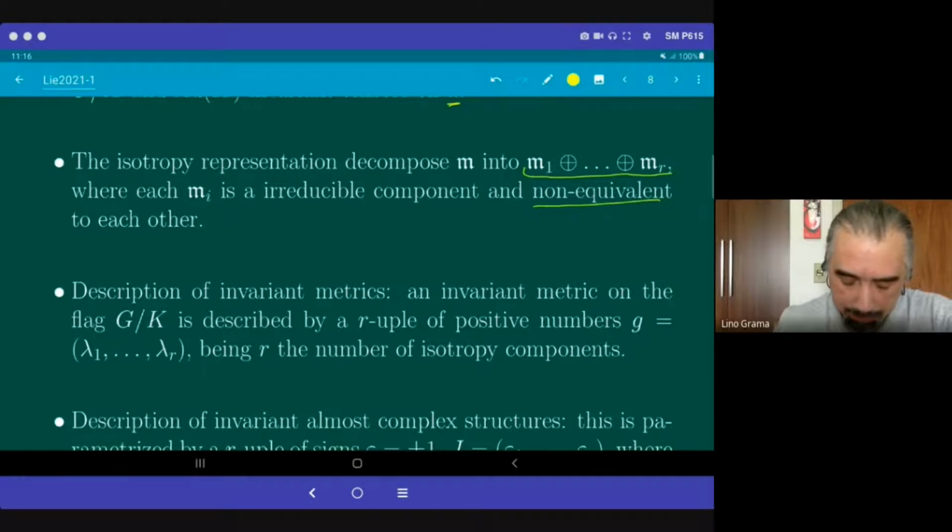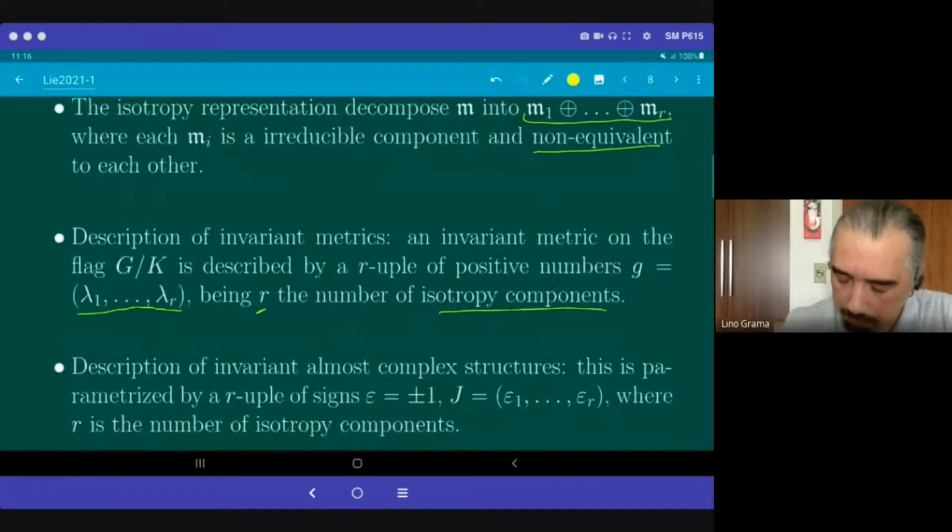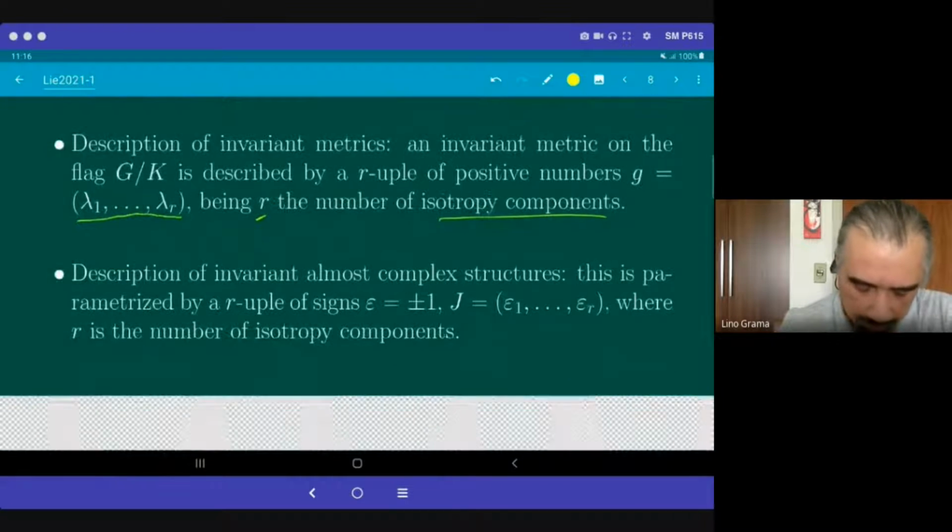And a description of the invariant metrics in this setup, they are just given by positive numbers, okay? Where this R is the number of the isotropy components. Probably this notation appeared in the previous talk, maybe for the people working in Riemannian geometry on homogeneous spaces. Okay?